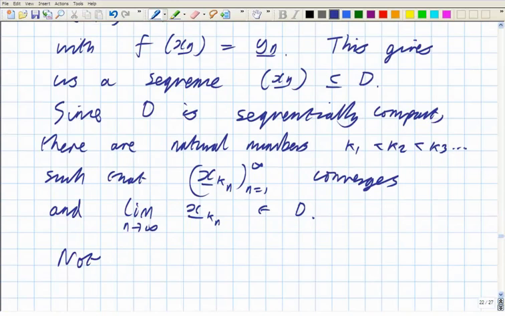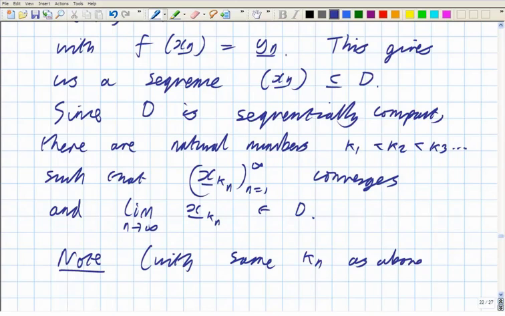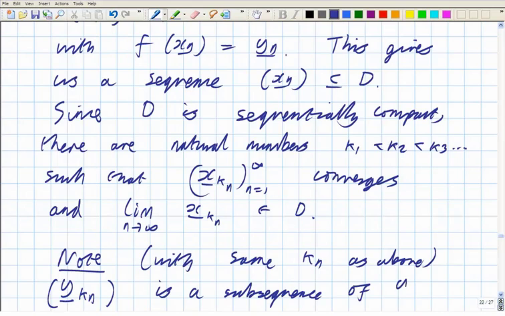Note that with the same kn as above, we've got this subsequence y_{kn}. That's a subsequence of yn.